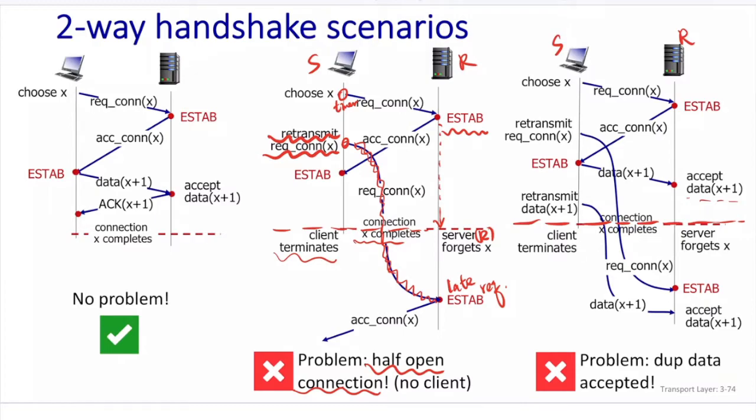If there is a late or retransmitted request and a late data packet is sent to the receiver, the receiver will reopen the socket again and receive the data again. But actually those are simply retransmitted requests, retransmitted data. They are not actually data.